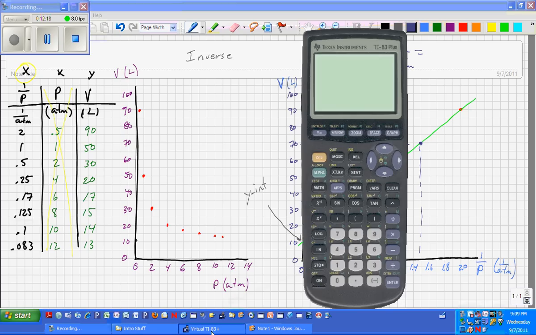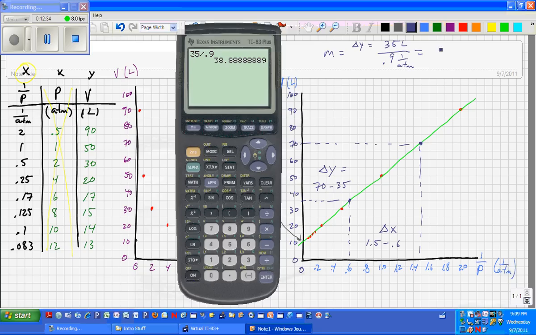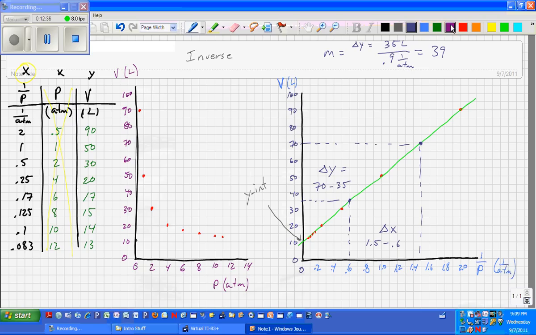So this becomes 35 divided by 0.9, which is about 39. Atmospheres comes up on top because the bottom of the bottom goes to the top, so I've got liters times atmospheres. So that's my slope.